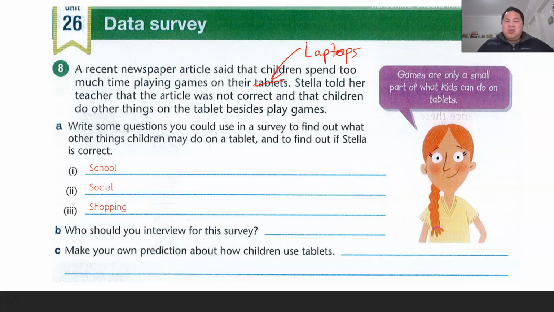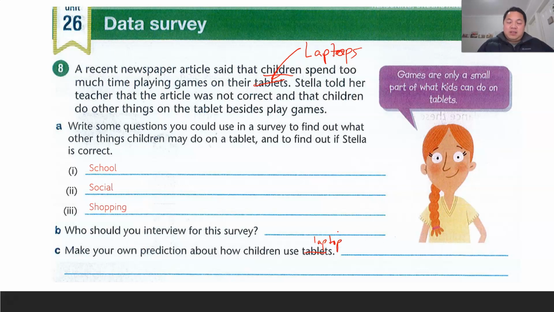Again, think through who you should interview for this survey. Talking about children here, so of course it must be our school students, maybe year 5, year 6, year 7 students. Then make your own prediction about how children use their laptop. Again, we're going to change everything to laptop.